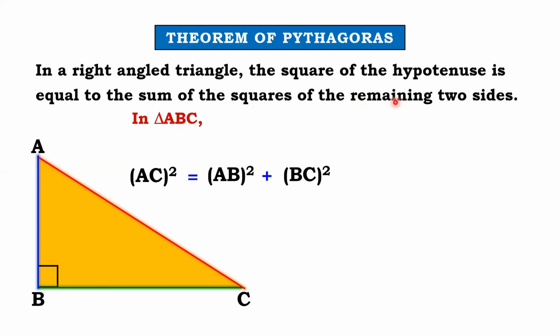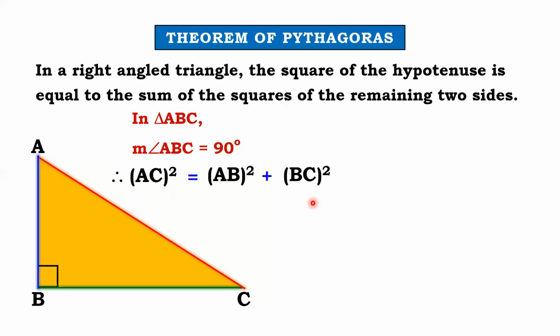Now you have to mention which angle is 90 degrees. In triangle ABC, measure of angle ABC is 90 degrees. Since it is a right angle triangle, we are using Pythagoras theorem. So this is the equation for Pythagoras theorem, and this is the presentation for Pythagoras theorem.